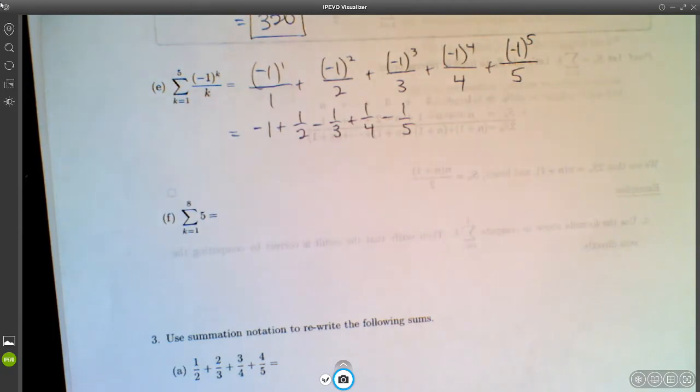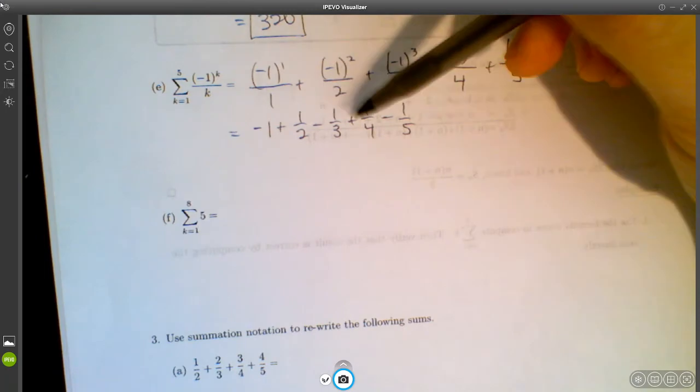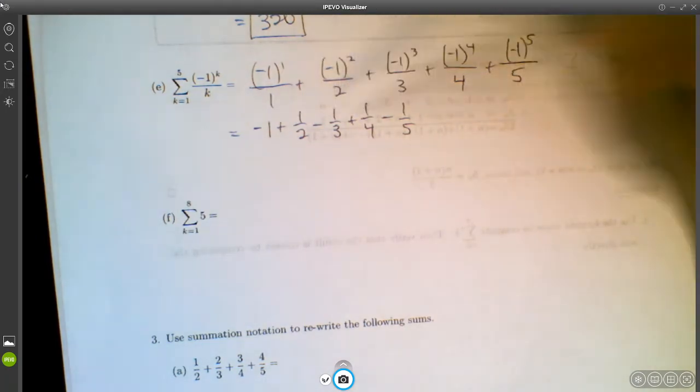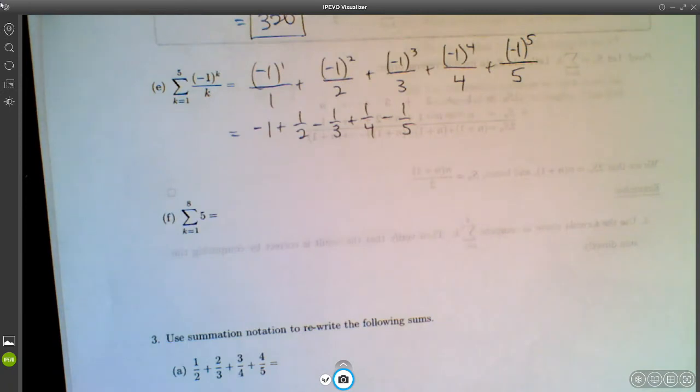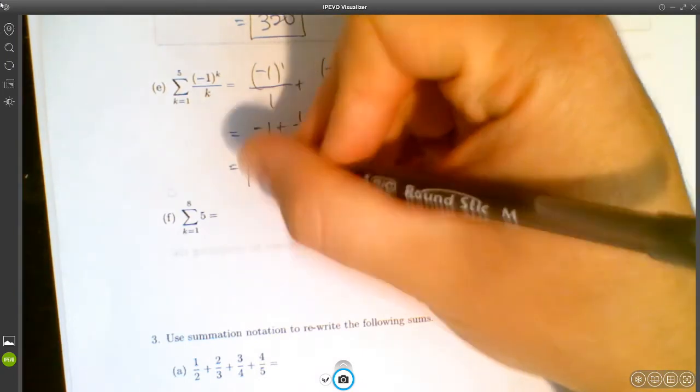So the signs alternate, right? Because a negative to an even exponent is going to be positive, right? So anyway, -1, positive 1/2, -1/3, positive 1/4, -1/5, right? That comes out to -47/60.